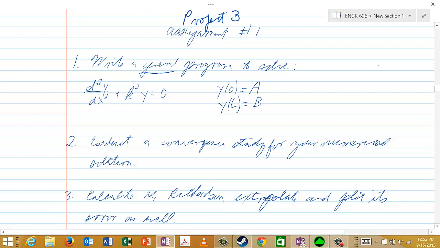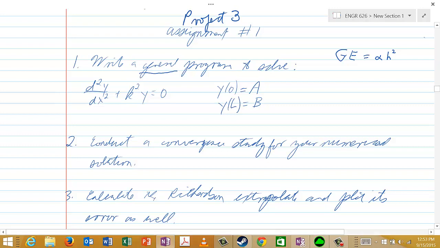Remember, to help you understand what I'm about to say, we have the global error is approximately equal, I mean, it has higher order terms, to alpha H squared, where alpha is some constant. And so we know that when you plot a graph of the global error versus H, it should look like a parabola.